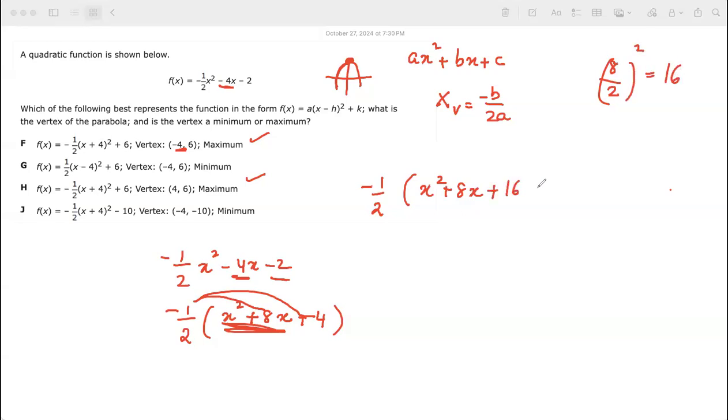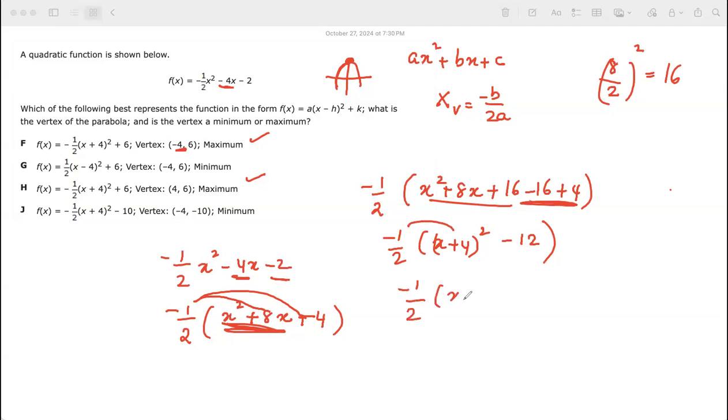So plus 16 minus 16 plus 4. You group this and say x plus 4 the whole square. Group this and say minus 12. Now you can push it inside. Minus half x plus 4 the whole square. Then you multiply this and say plus 6. So definitely this matches. Do you guys see it?